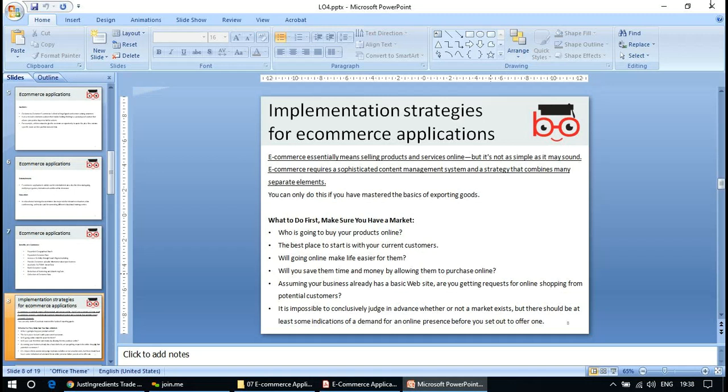So it's not a case that you start your online store from scratch, but probably it is advised that you should have some experience of an offline store, and then you bring your offline store online as well.